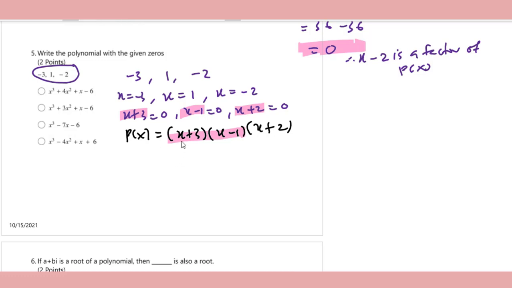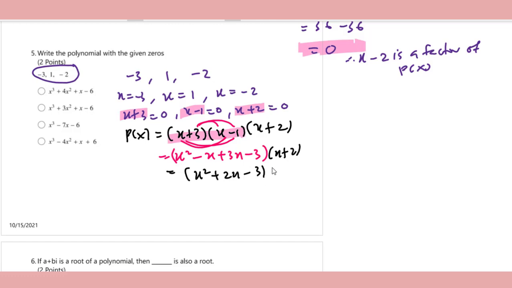X squared minus x plus 3x minus 3, times x plus 2. Simplify. X squared plus 2x minus 3, times x plus 2.